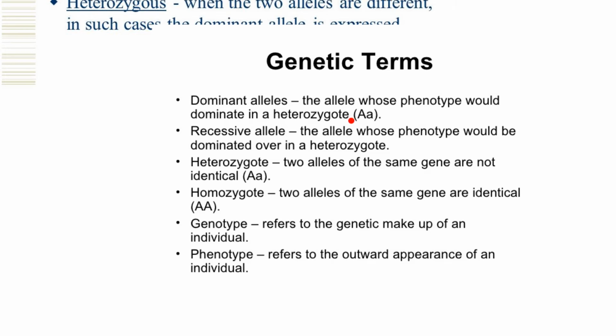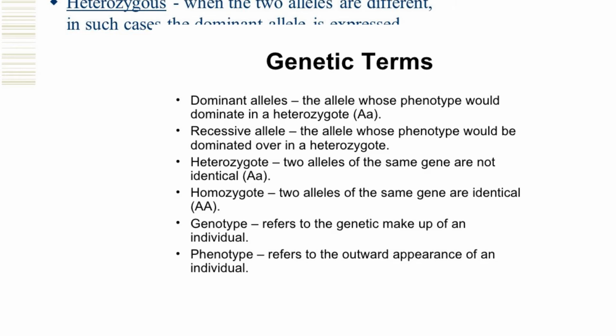So if A is dominant and little a is recessive, then it doesn't matter if the genotype is capital A, capital A, or capital A, little a. The trait would always be expressed as if there was only an A there.